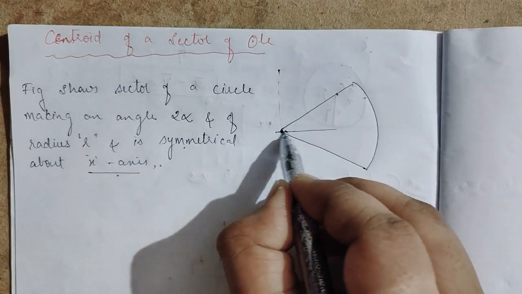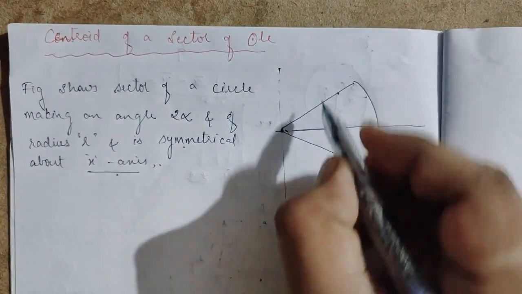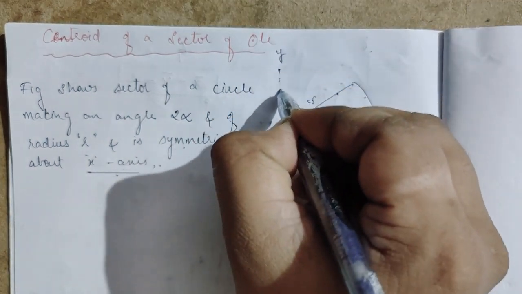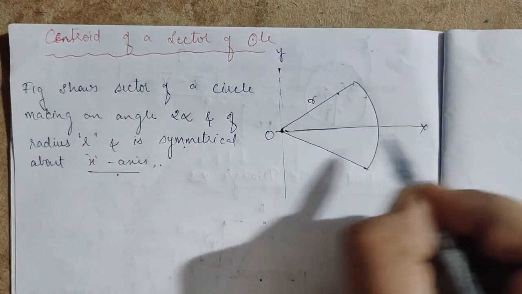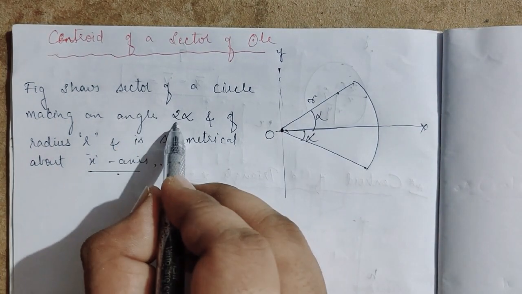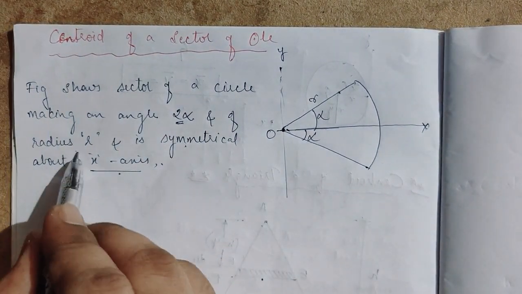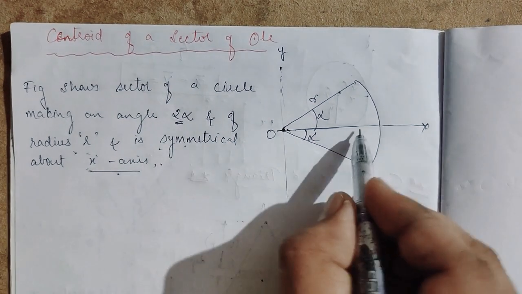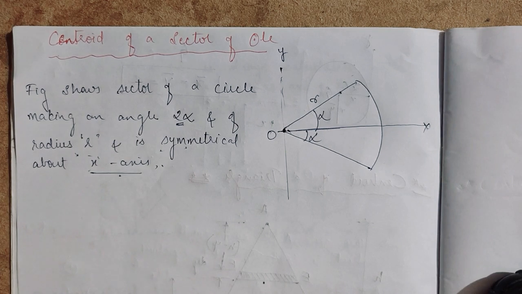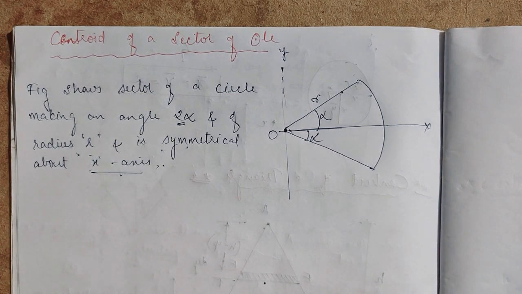So this is the sector of a circle with radius r, this is O and this is the y-axis. This is also alpha, this is also alpha, it's making an angle of 2 alpha of radius r and is symmetrical about the x-axis. So here symmetry comes into the picture.